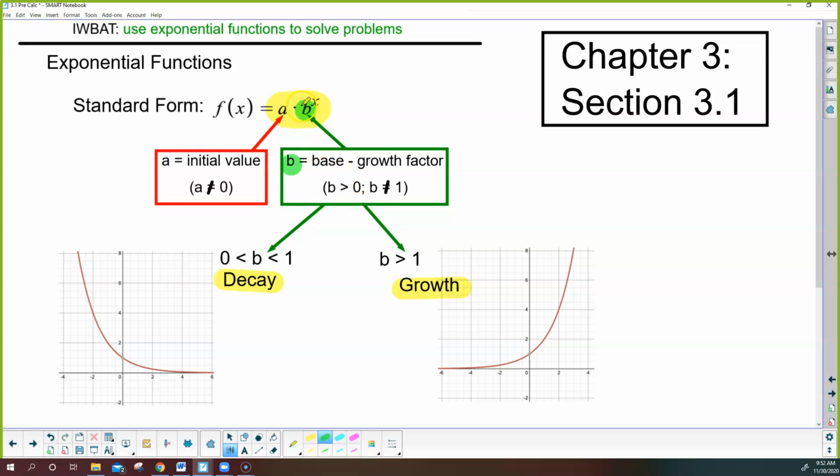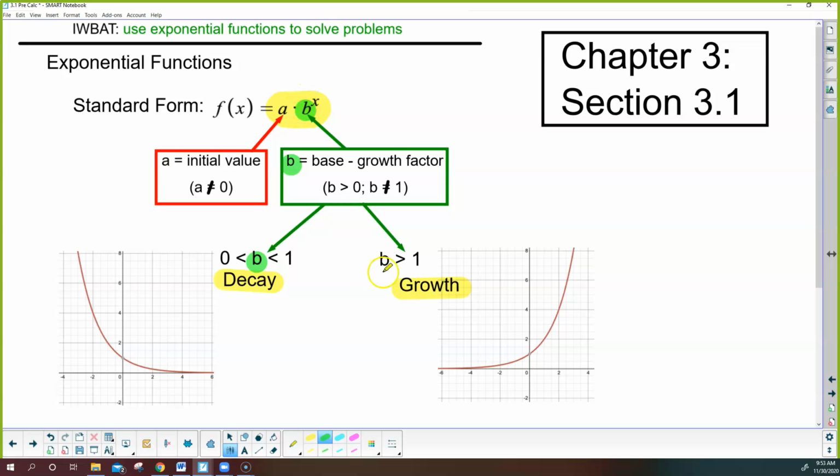Now, how do we know? If B is between 0 and 1, meaning it's a decimal or a fraction less than 1, then it's going to be a decay function, because you're taking like 75% of a population or 75% of an amount. You're cutting that by a factor less than 1.